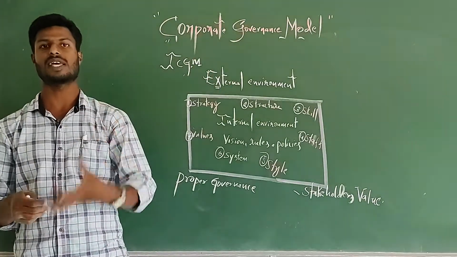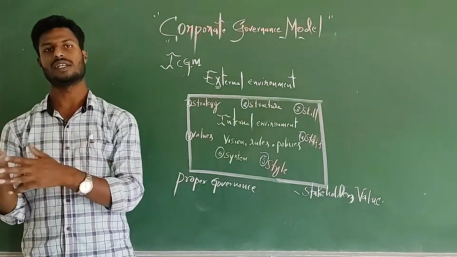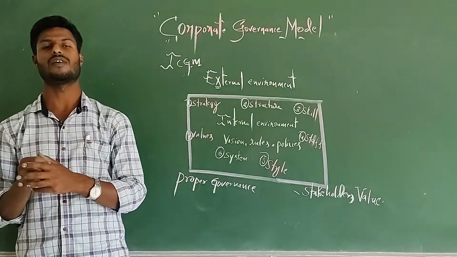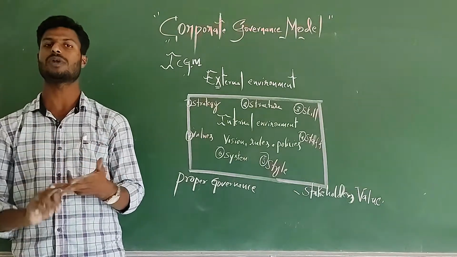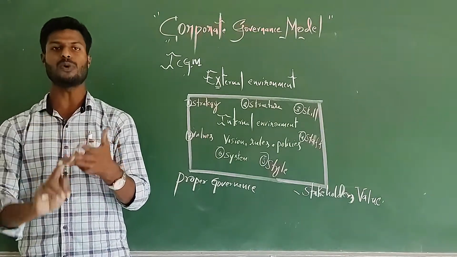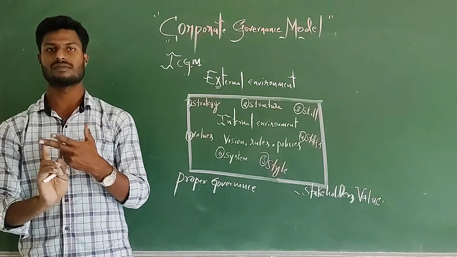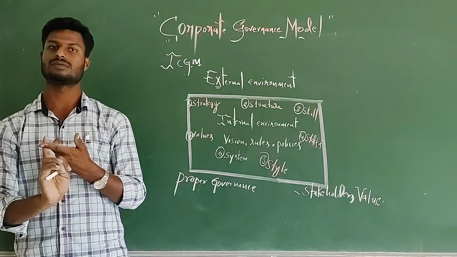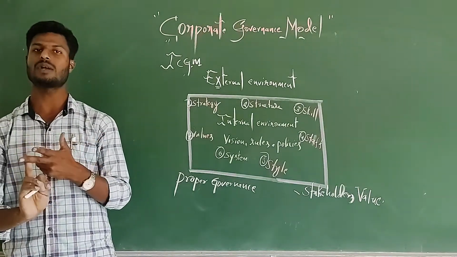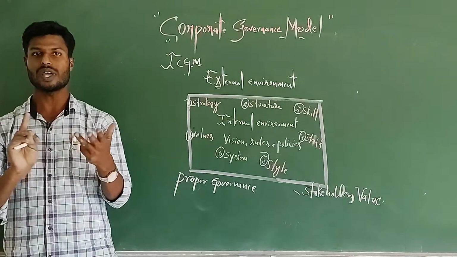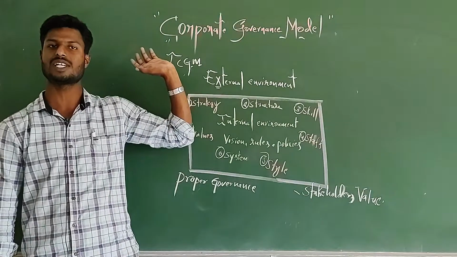Let me say some examples. The companies which are implementing and following good corporate governance in their business activities. Example, Infosys, they have good corporate governance. Wipro group of companies, ITC, HCL, Lenovo, Apple, Mahindra and Mahindra, Reliance, they have good corporate governance in their business organizations.